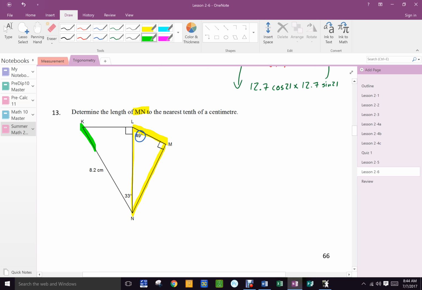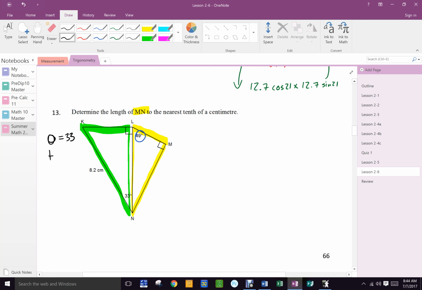Fortunately for me, there's this green triangle. Do I have two pieces of information for that green triangle? Yes. What are they? I've got a theta of 33, and I've got, what is that, 8.2? It's a hypotenuse, yes?